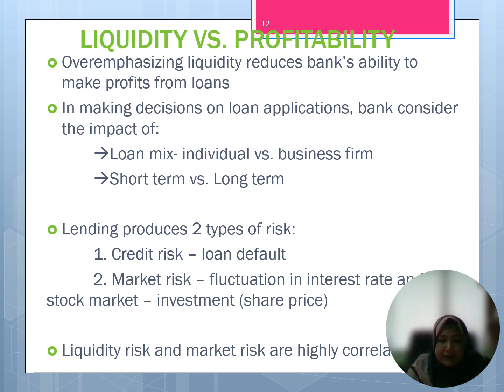What does credit risk mean? It is the risk of loan defaults, meaning the potential for the bank to get lower return or lose income because customers did not pay their loans. Then market risk: the bank gets lower income or loses income due to fluctuations in interest rates and the stock markets.